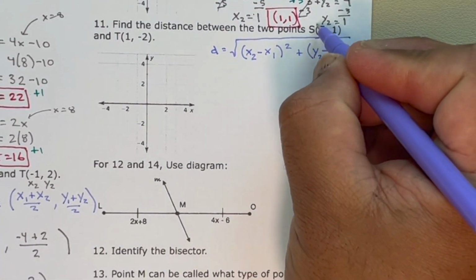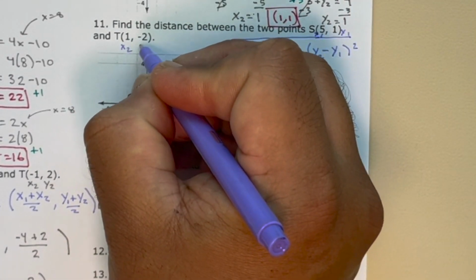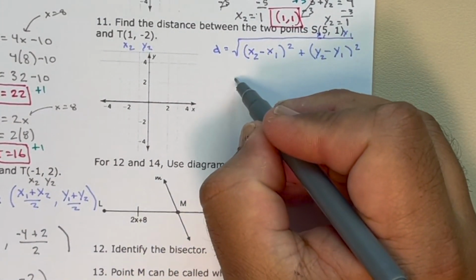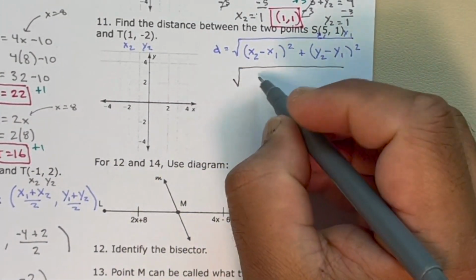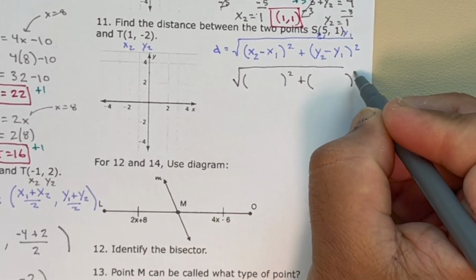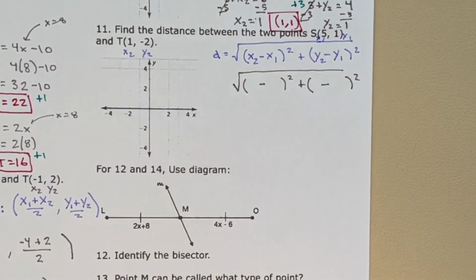So if this is my x1, y1, this is my x2, y2. I'm just going to plug those into the equation and see what I get. So I don't make mistakes, I'm going to start off with that same method of writing down the formula as before, add those negative signs in. Now I'm going to plug in those points. And be careful of negatives.